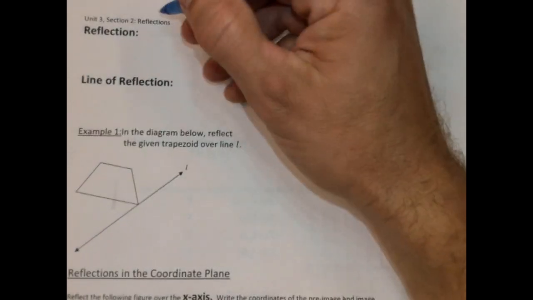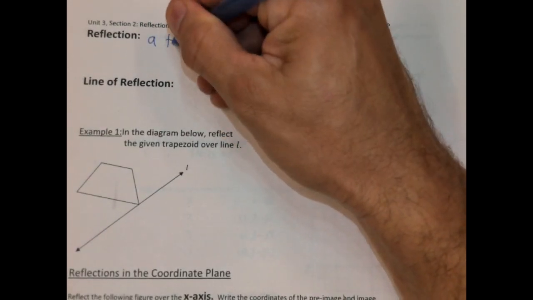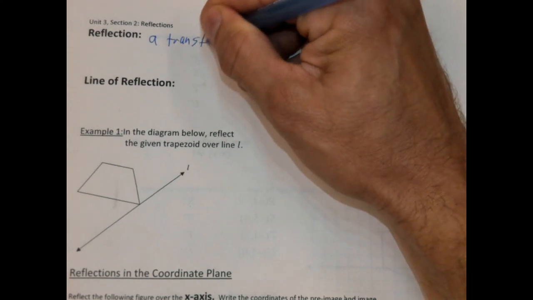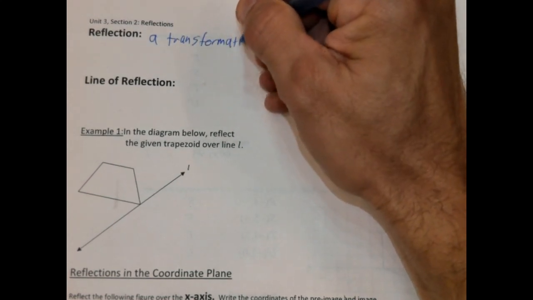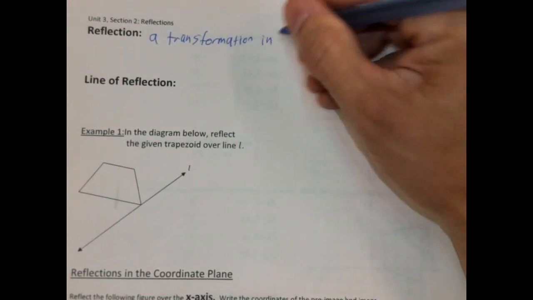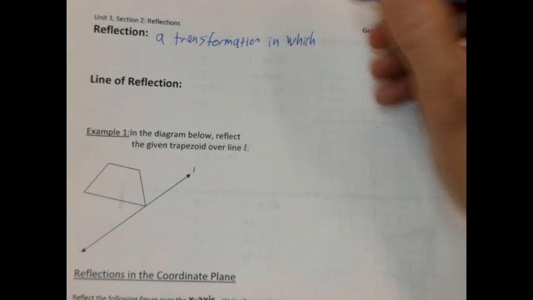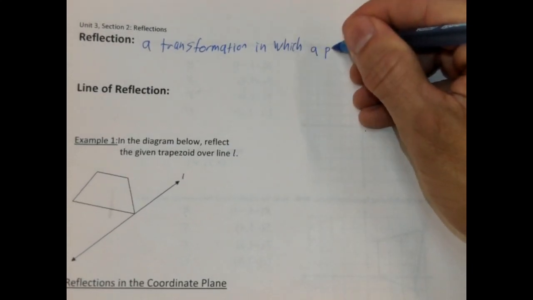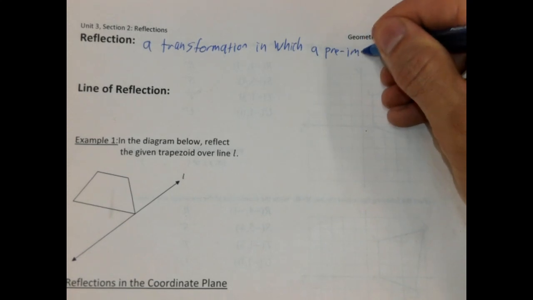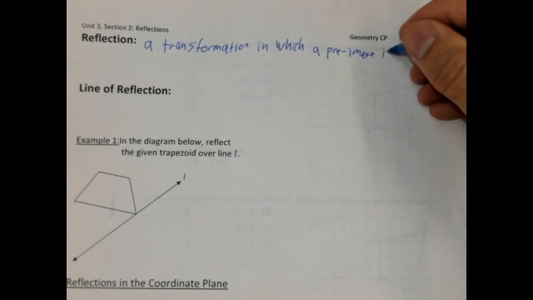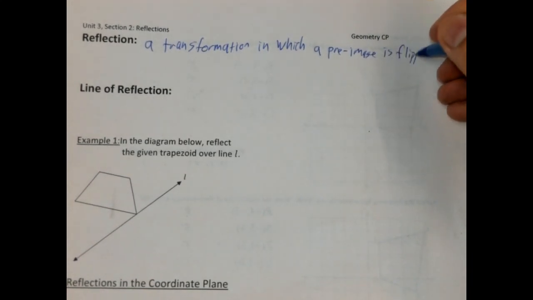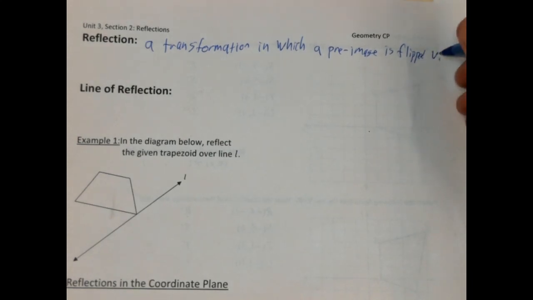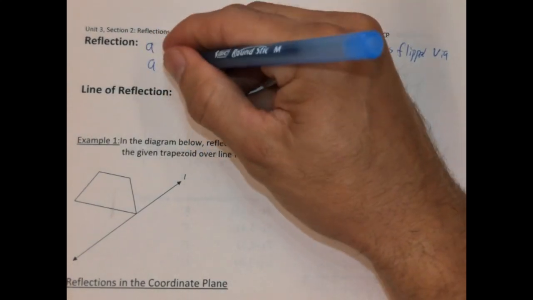A reflection is a transformation in which a pre-image is flipped via a line of reflection.